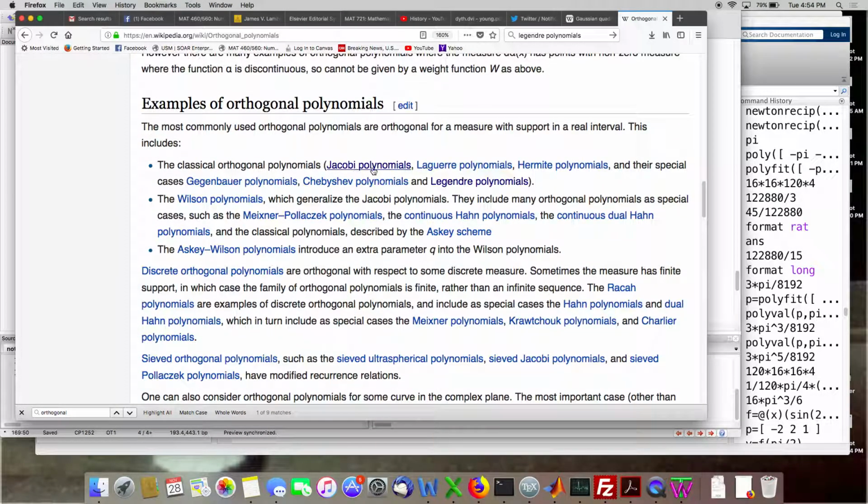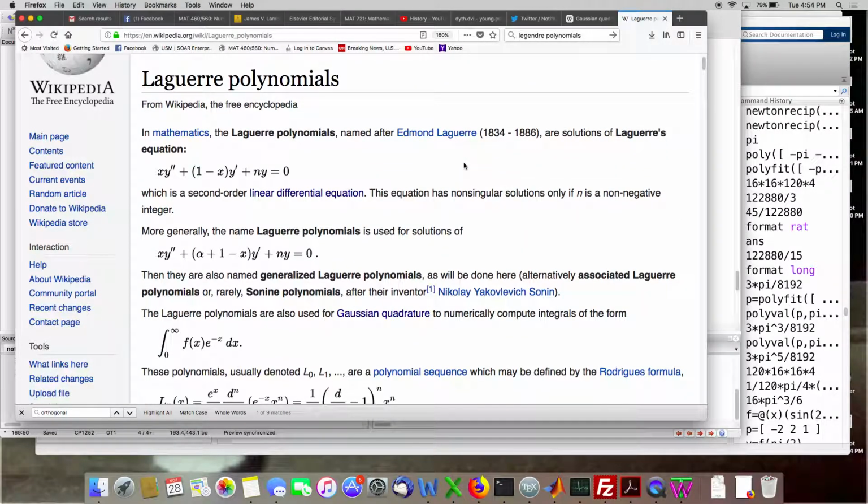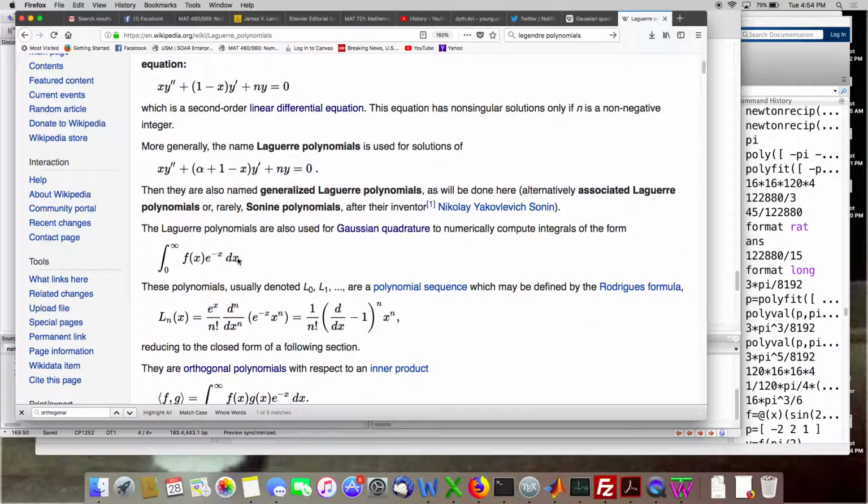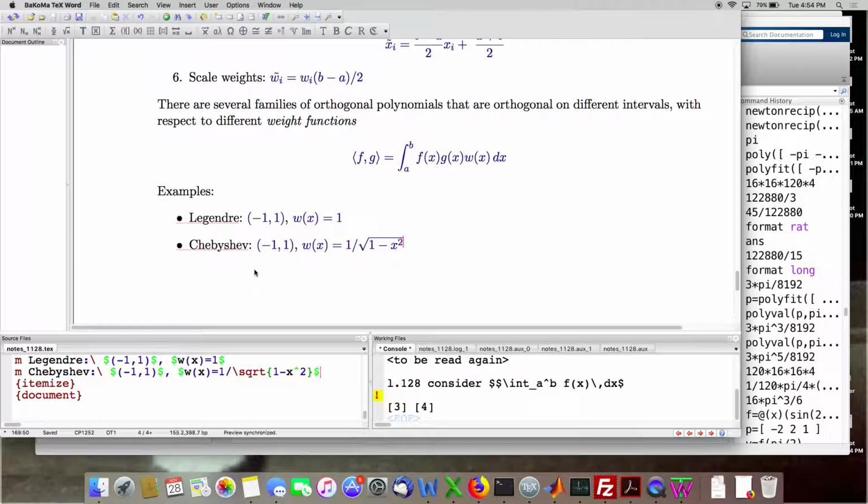Oh, okay, yeah. Jacobi polynomials, Legendre, Hermite, etc. This is not the same as Hermite interpolation. Yeah, Chebyshev, Legendre. So many well-known families of orthogonal polynomials here. For instance, the Laguerre polynomials are orthogonal on 0 to infinity, so I'll add that to the list.